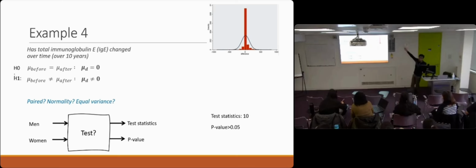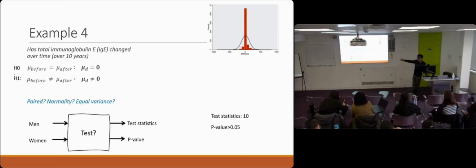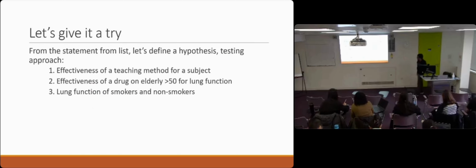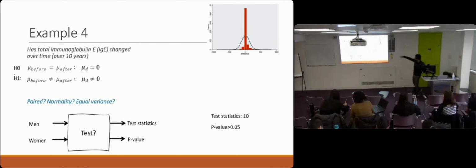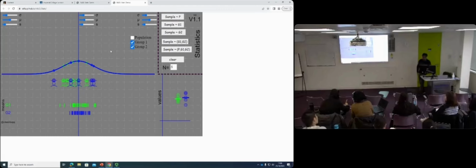Is it normally distributed? Looks like it. You perform a test, you get the t statistic, the p-value is greater than this, what do you do? Exactly. And the difference, again, I think the calculation is not here, but that's what we will do in the lab session next.